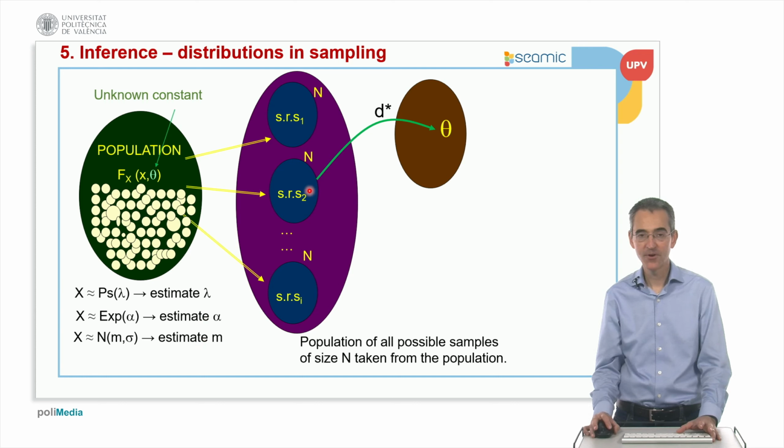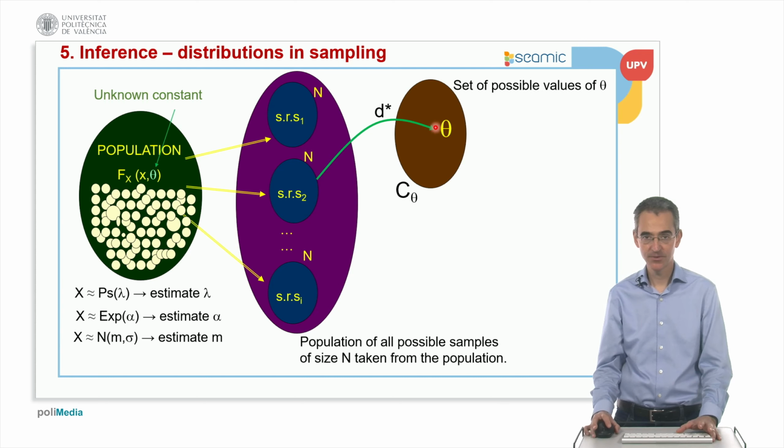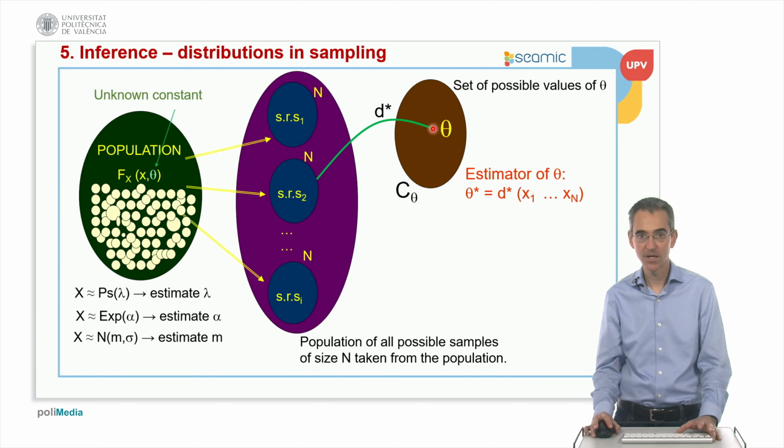So from every sample, I get an estimate of the parameter. And then this is the population of all possible values of this parameter, one from every sample. We call this an estimator, which we will represent like this: the parameter with an asterisk is a mathematical function of the values that I have taken from the sample.